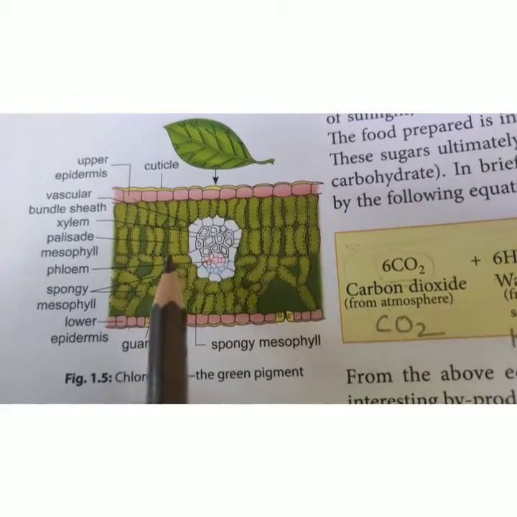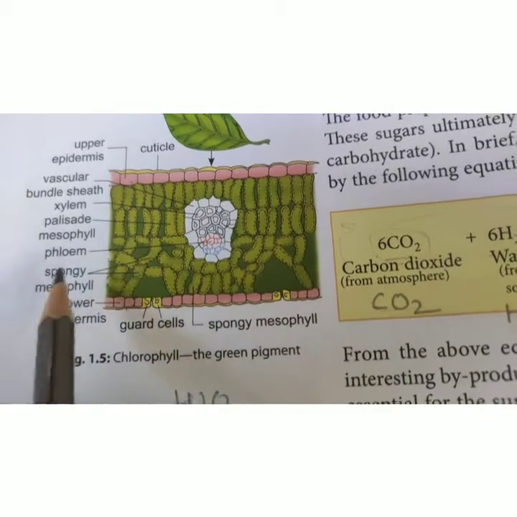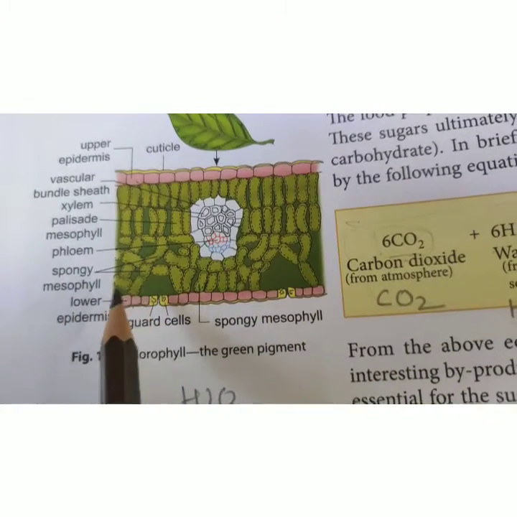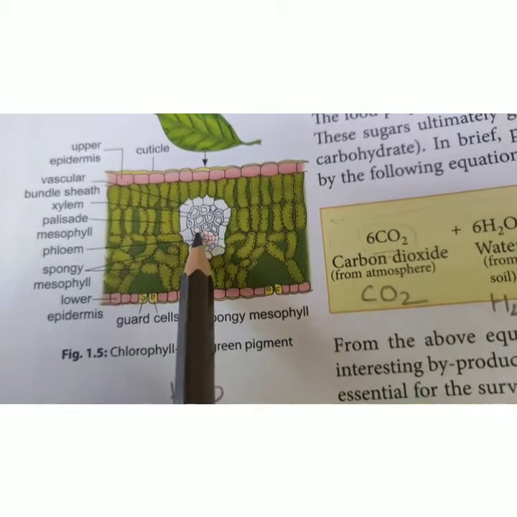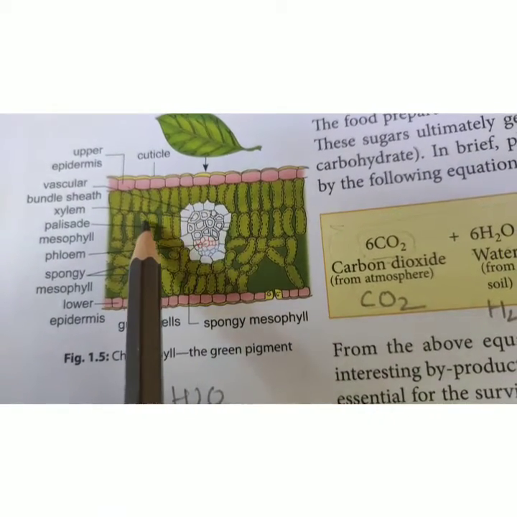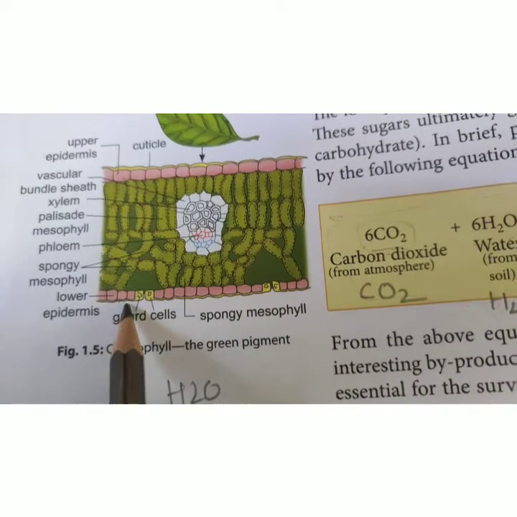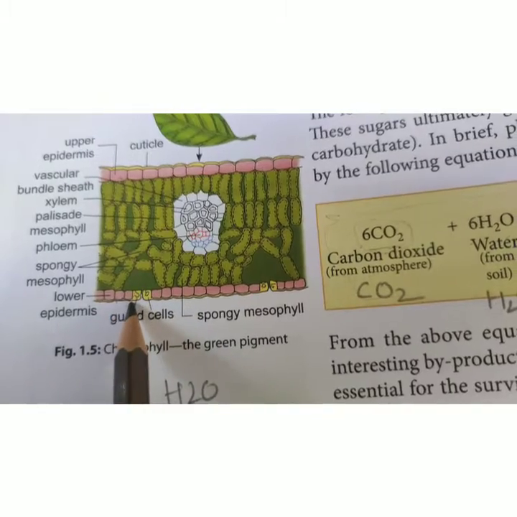Within these cells you have the vascular bundle, xylem, palisade mesophyll, phloem, and spongy mesophyll. You don't need to know all these now. Just remember the upper cuticle, then the different tissues, and then again the lower epidermis and the lower cuticle.